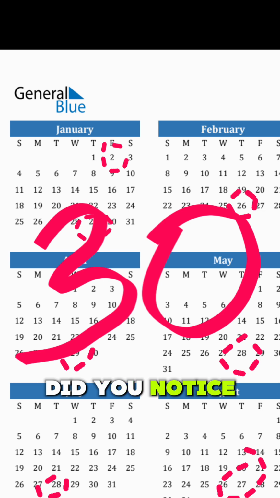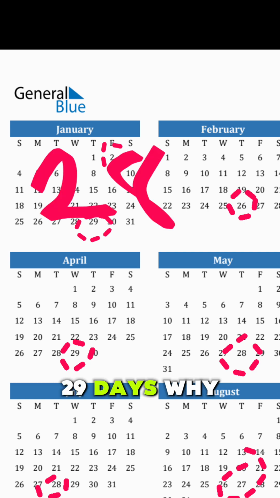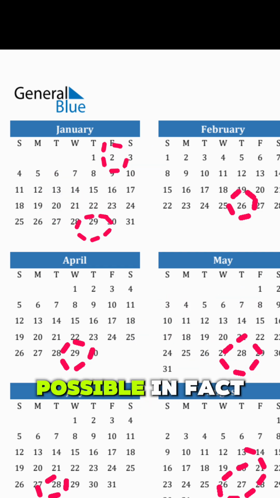Did you notice that some cycles had a lesser length, while some had a longer length? Yes, some had up to 28, 29 days, while some were having 30, 31, 32 days. This is very possible. In fact, it happens.